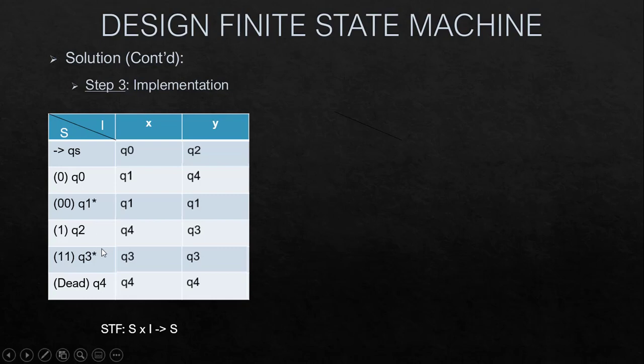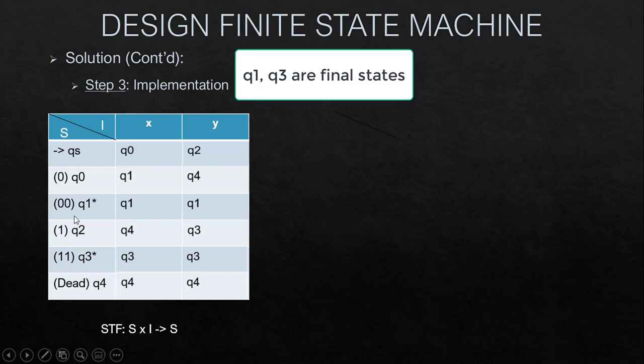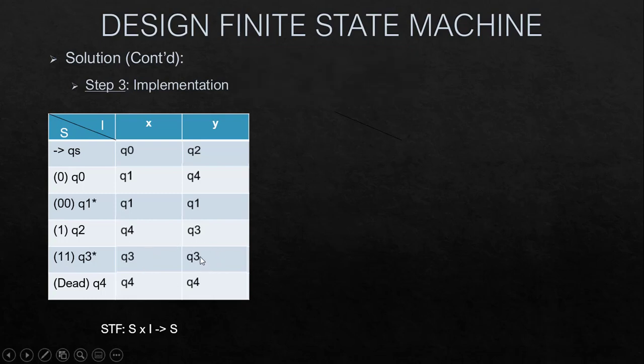Here Q1 and Q3 are going to be our final states, and in case this input starts with 0, 0 and 1, 1, we will stay in those states that will represent our trap state. In case they are not starting with 0, 0 and 1, 1, then we will send this machine to the dead state. There is just a correction that this is the input 0 and 1 and not X and Y.